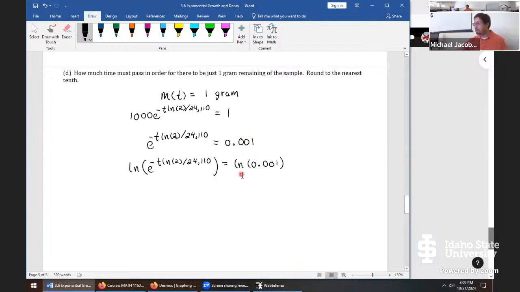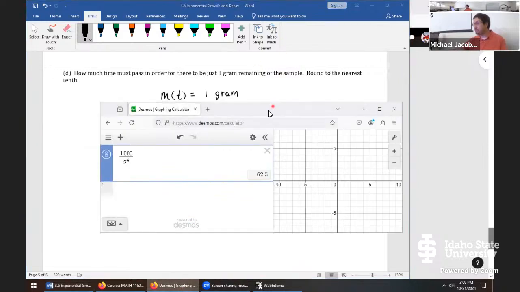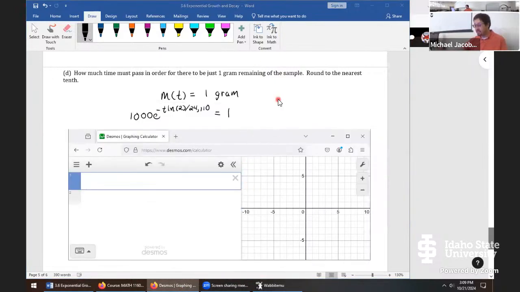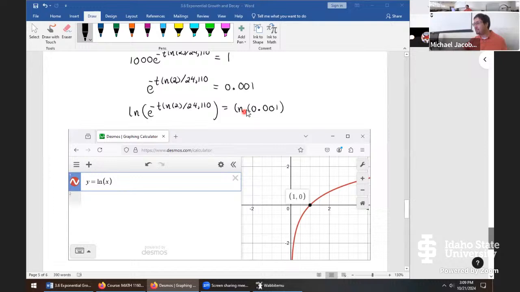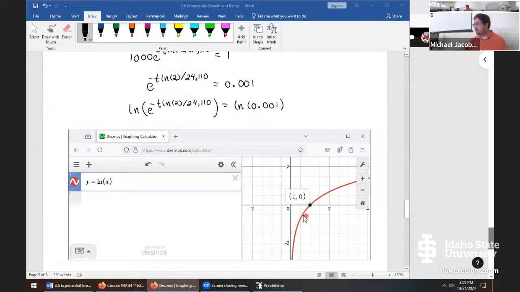Logarithms are kind of tricky. When you look at that right-hand side, it looks like we're visualizing a positive number, but we're really not. The reason is y equals natural log x has this shape. It intersects right at 1, and so if you put in something less than 1, you're way down here on the negative end of the y-axis.